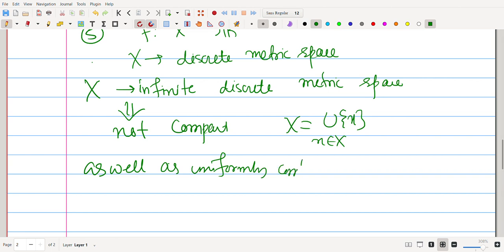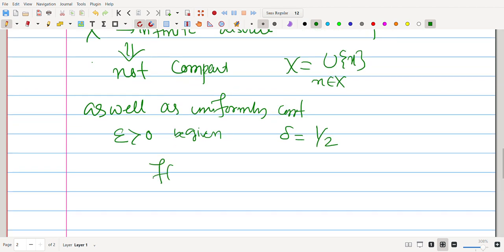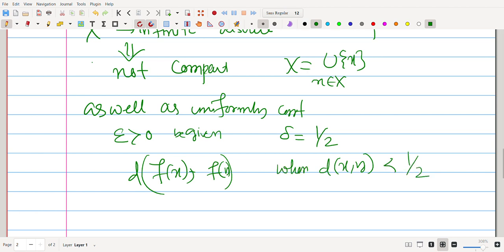Why? Because see, let epsilon greater than 0 be given, choose delta to be half. Whenever the distance of x, y is less than half, that will imply x equals y, because the distance of x, y is either 1 or 0.